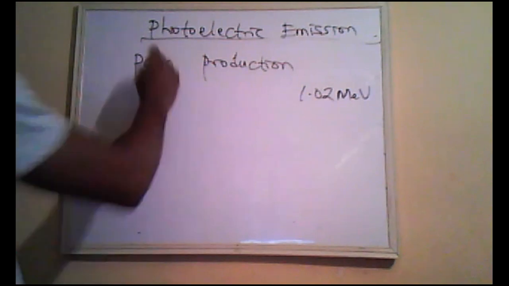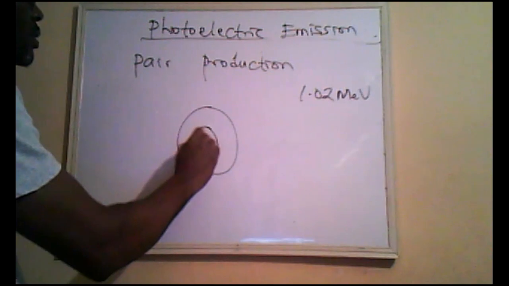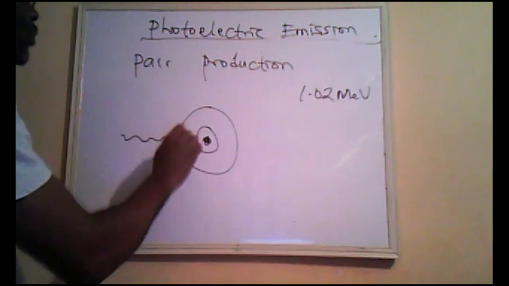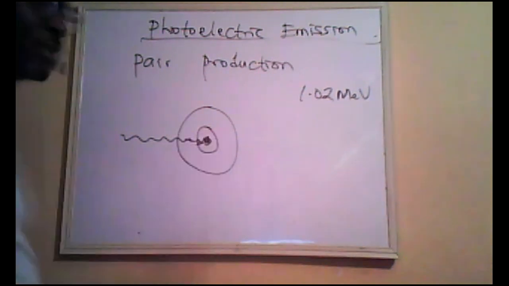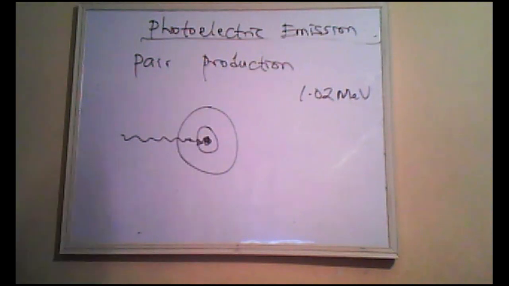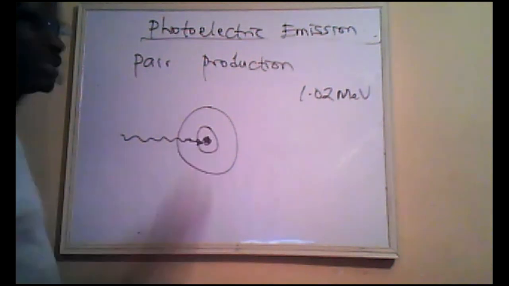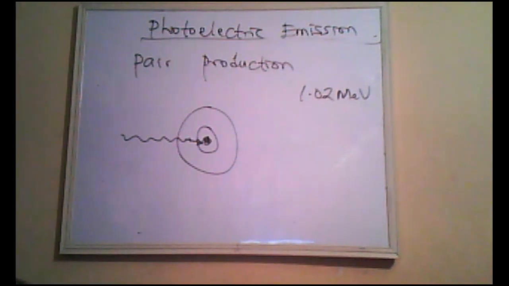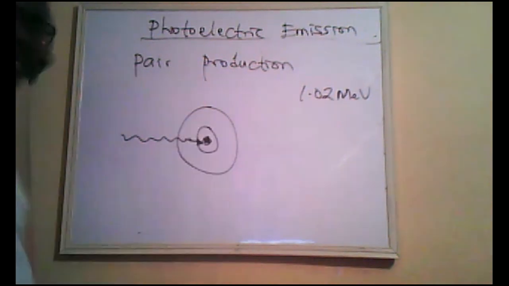Pair production is essentially when an incoming photon interacts with the Coulombic nuclear field of the nucleus, and suddenly the deceleration will bring about the conversion of this energy to matter.